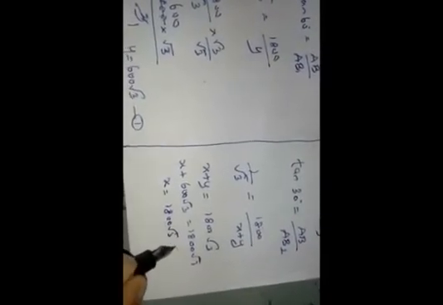Now keep x alone. X is the distance between boat 1 and boat 2. Therefore x is equal to 1800 root 3 minus 600 root 3. Now take root 3 as common. The remaining values are 1800 minus 600, so we get root 3 into 1200.